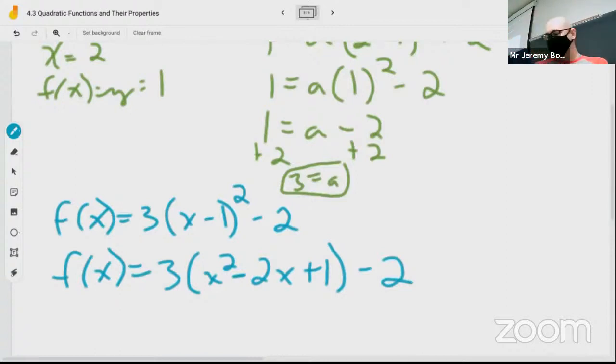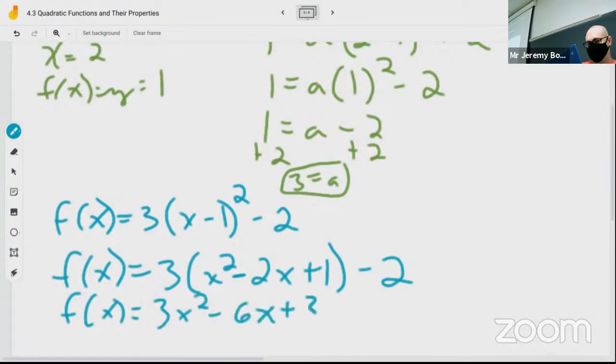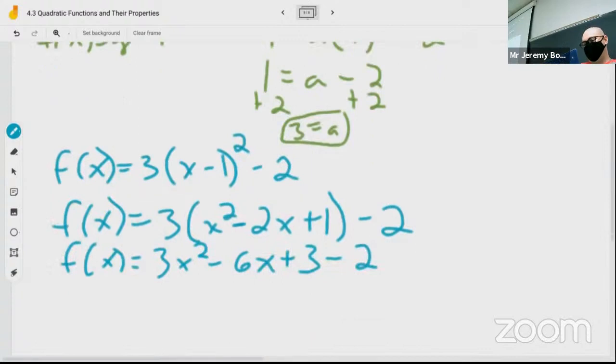Now we're going to distribute the 3 to every term in the parentheses there. We're going to have 3x squared minus 6x plus 3 minus 2. And so we're going to end up with f of x is equal to 3x squared minus 6x plus 1.